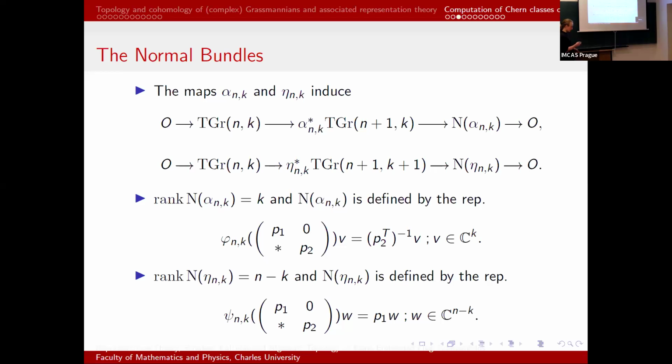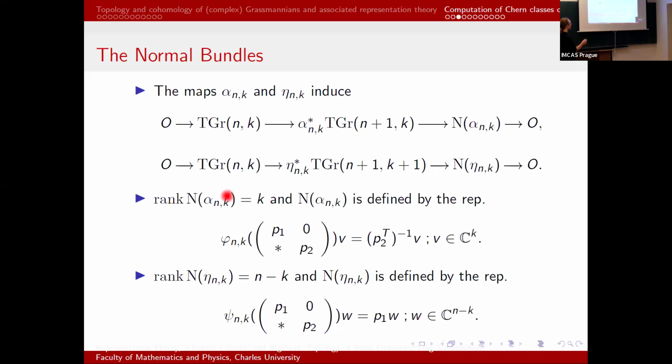Now the normal bundles. The embeddings alpha nk and eta nk induce these two short exact sequences. By alpha nk, we restrict the tangent bundle of GR n plus 1 k. Inside it we find the tangent bundle of GR nk, and the quotient is the normal bundle of alpha nk. It is defined by the representation phi nk, and it is the contragredient representation of the standard representation of GLK on CK.